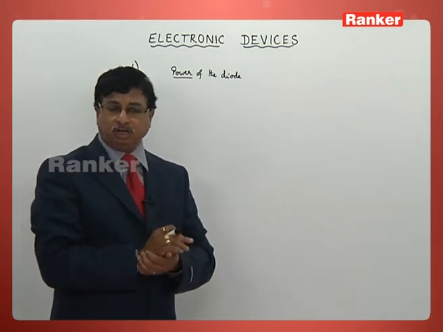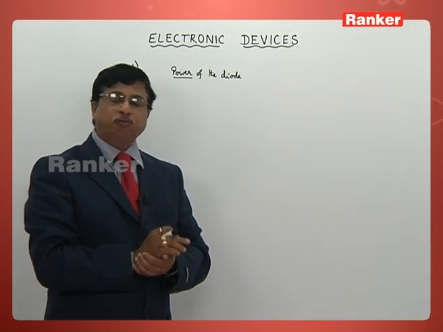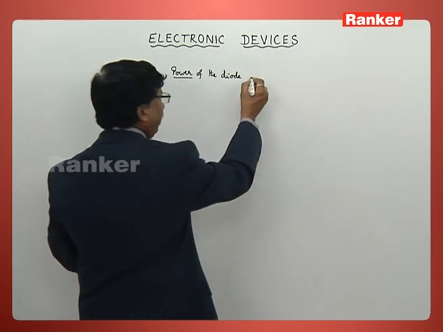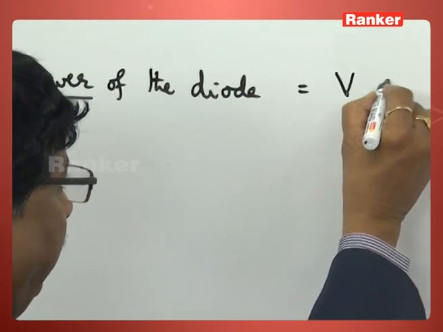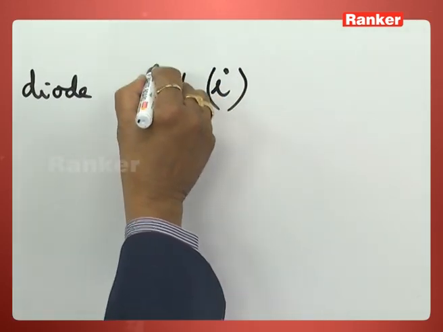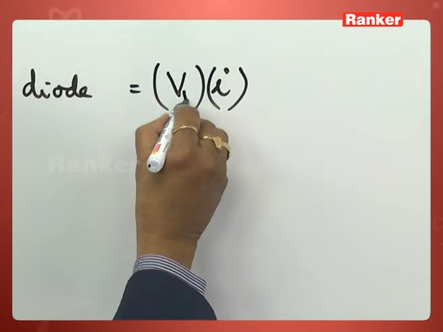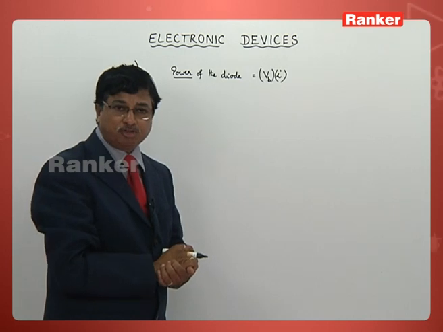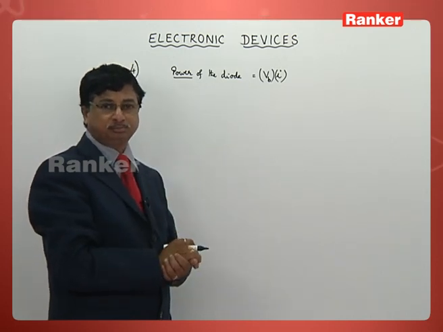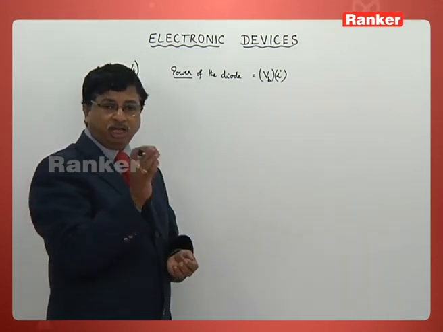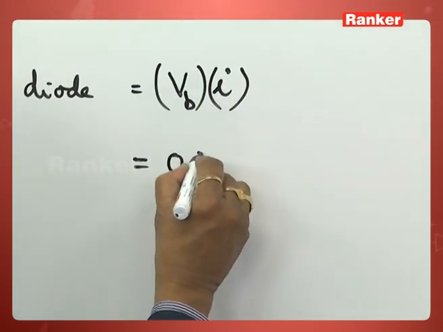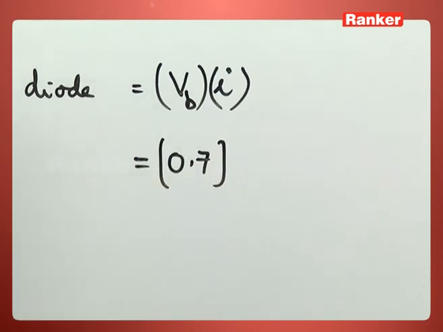So power in general is going to be voltage into current. We used to write this as V into I. That is the general formula. But what is this V to be considered as? It is the barrier potential that is to be taken up. What is the barrier potential that has been given here? It is given as 0.7 volt.